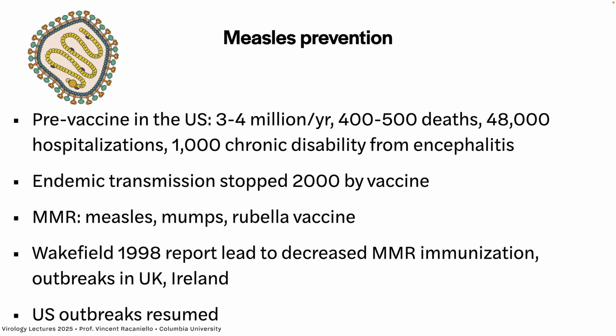Since then, over a dozen studies have been done in different countries showing no connection between MMR vaccine and autism. Yet people still listen to Andrew Wakefield, who's now living in Austin, Texas, purveying this anti-vax nonsense, and they don't immunize their kids. And that's why we have outbreaks throughout the US now.